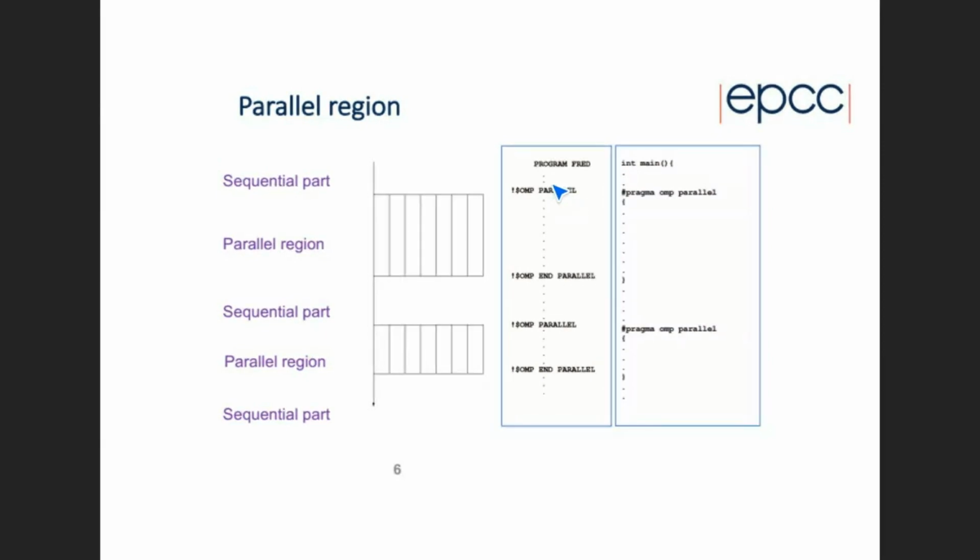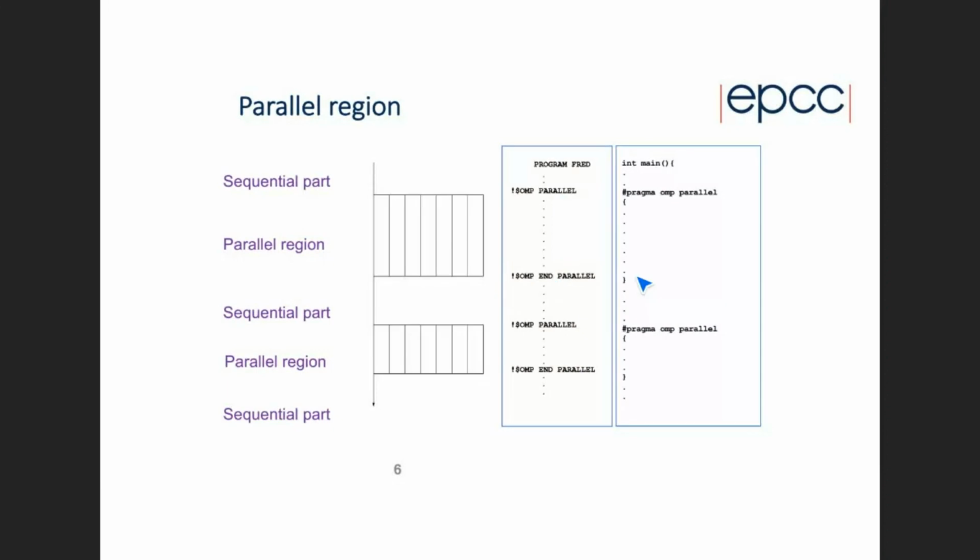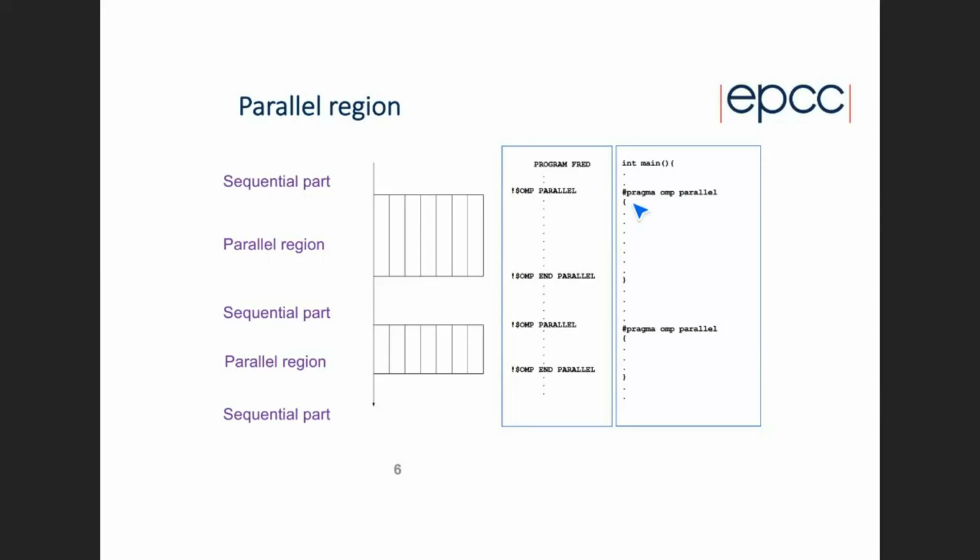In Fortran, a parallel region is a block of code between parallel and end parallel directives. In C or C++, it's essentially a block of code in curly braces following a hash pragma OMP parallel directive. In both cases, this piece of code in here is the parallel region.